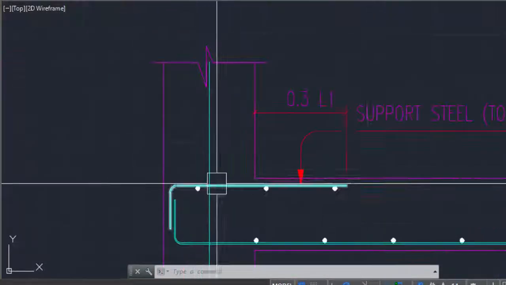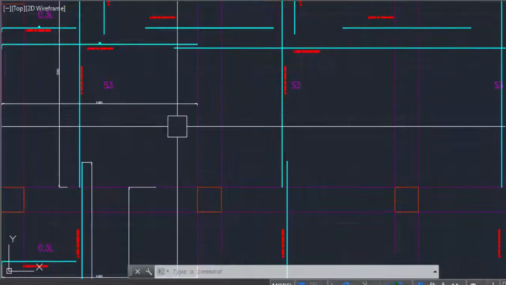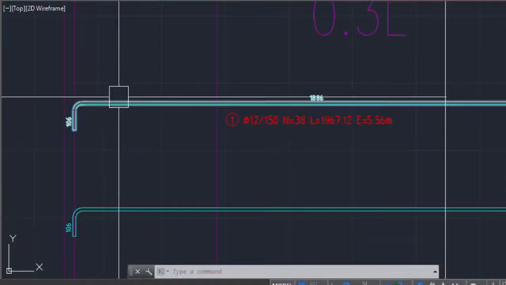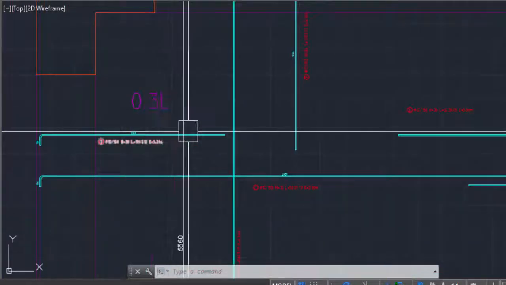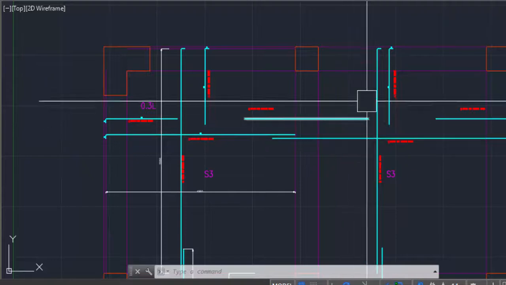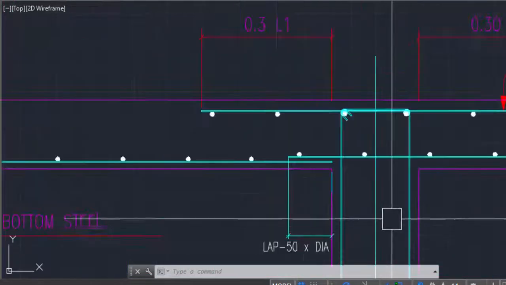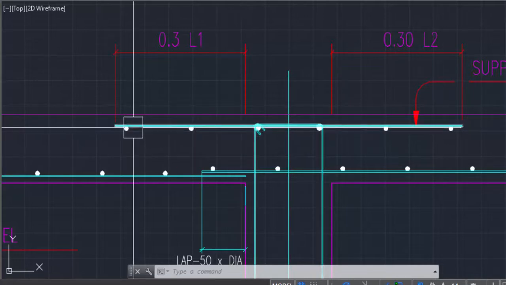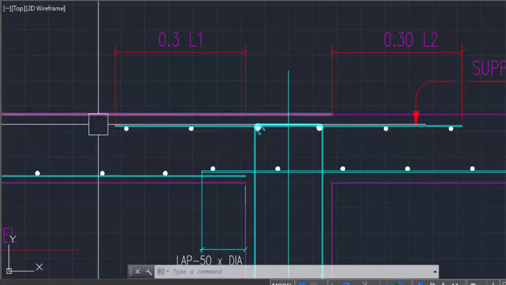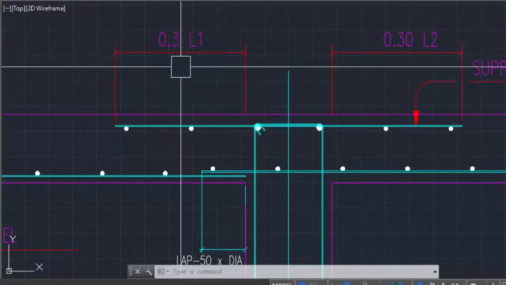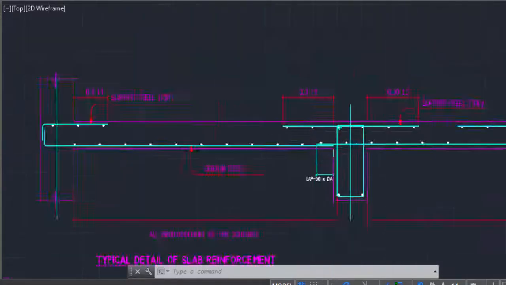Then if you go in this direction, you will see this kind of bar is not used in this particular portion, because this is the center portion. For the center portion we need to follow this particular point. Here you can see there is no hook, there is no bend, it is just simply a bar placed over here. So in this case 0.3 L1 and 0.3 L2.